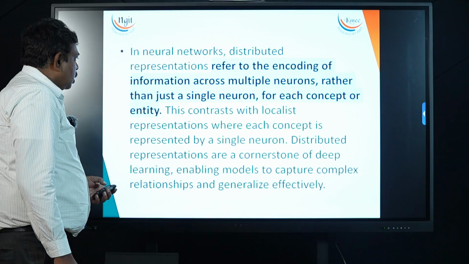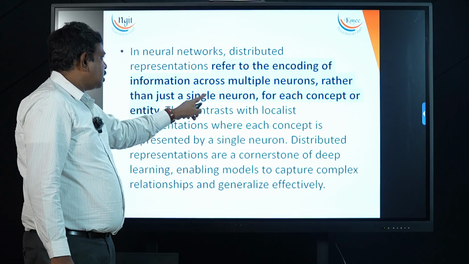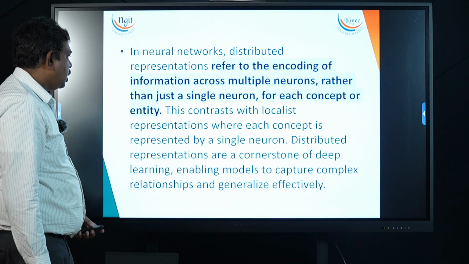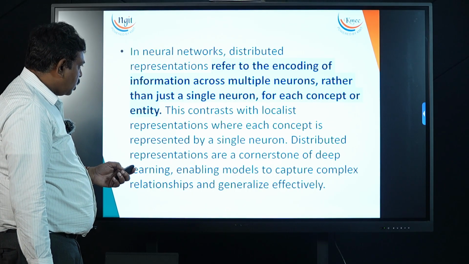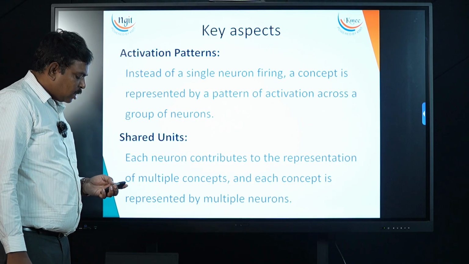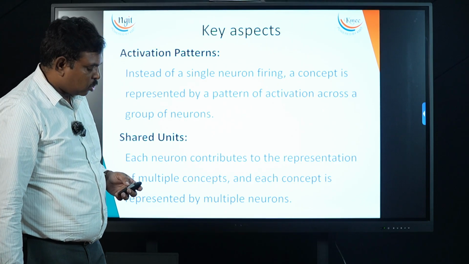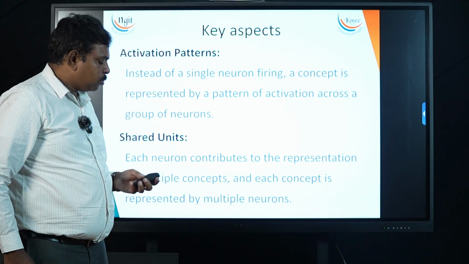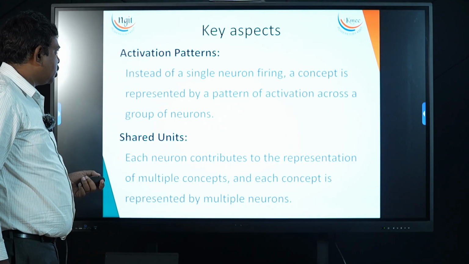So this way multiple neurons are used rather than just a single neuron for a concept or entity. Now, what are the advantages, the key aspects, when we store features in multiple neurons in distributed representation?